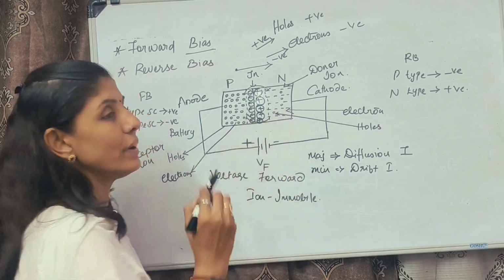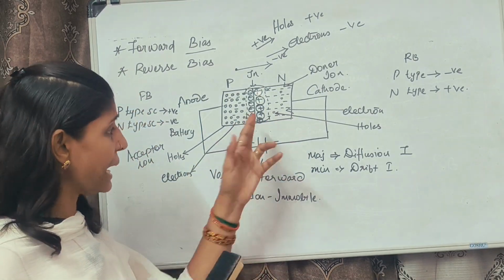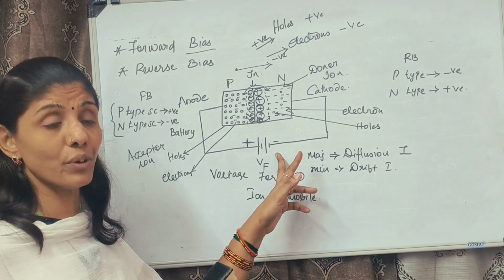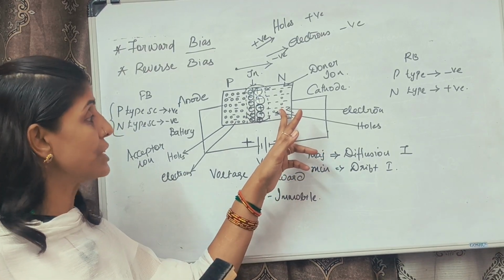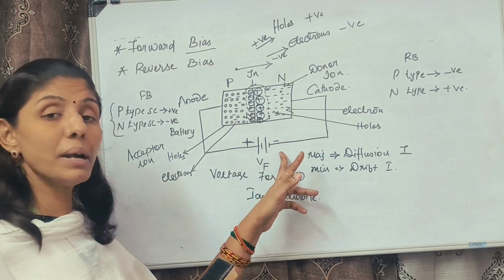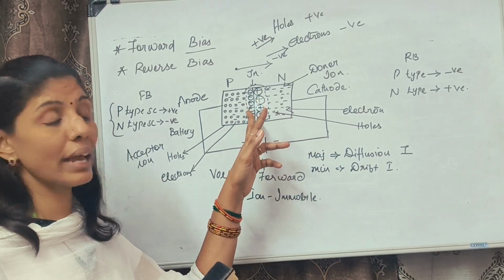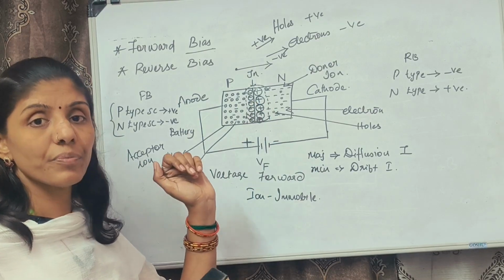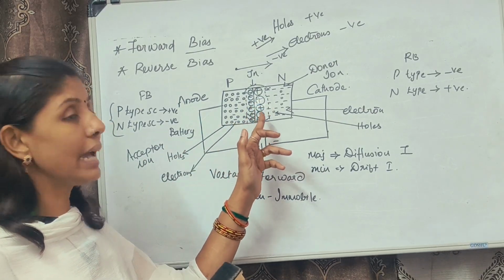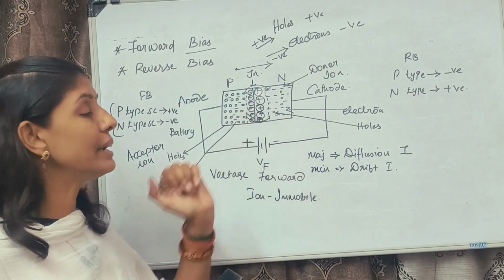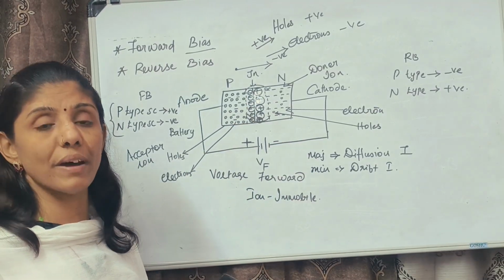Consider the same in the n-type region. Because of the application of the negative voltage, the electrons get repelled by this negative voltage and try to reach the junction. Near the junction there is a depletion region of positive ions.